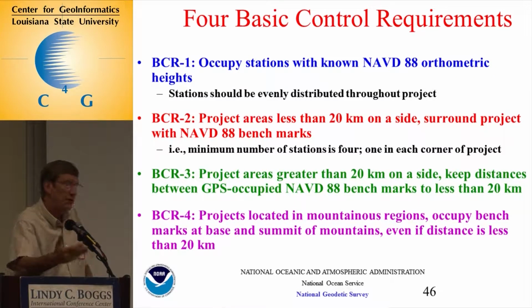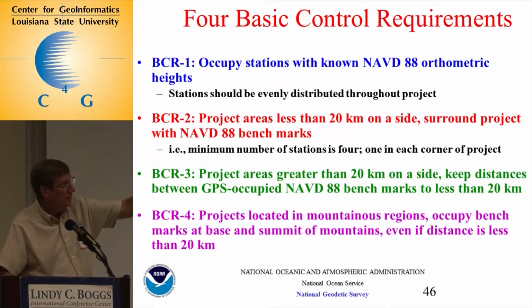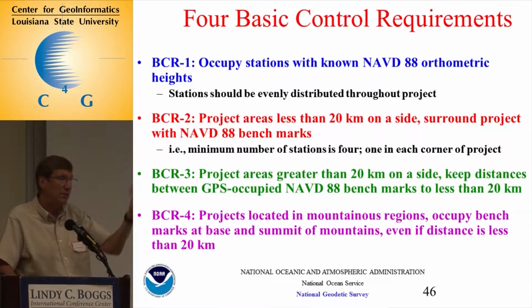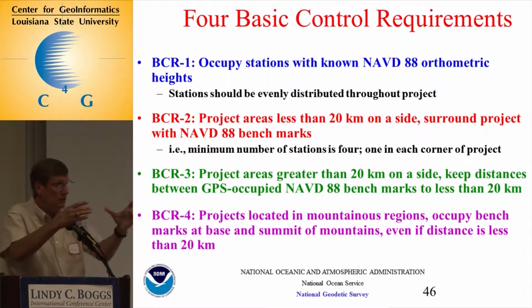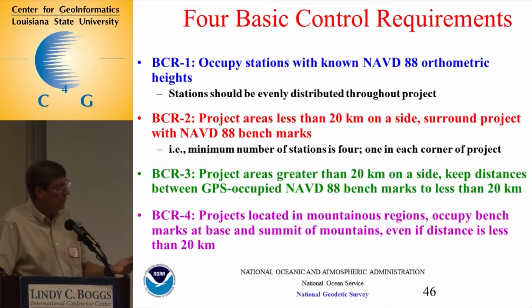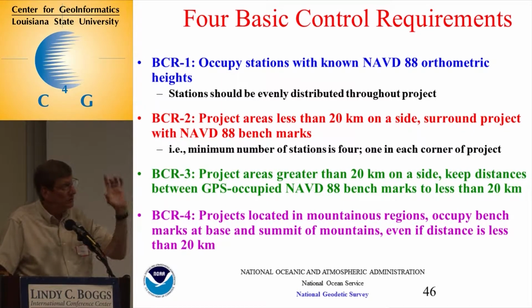The geoid model will only model to NAVD 88, and if there is no NAVD 88 at the top of a summit or area, then it could give you some values that may be too low, and you don't know it unless you occupy at the top. The change in the geoid heights would be an error by whatever was left in the model.